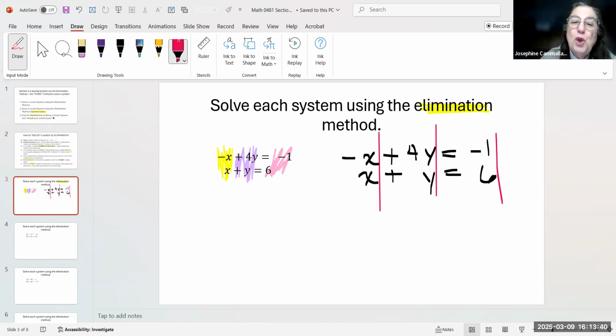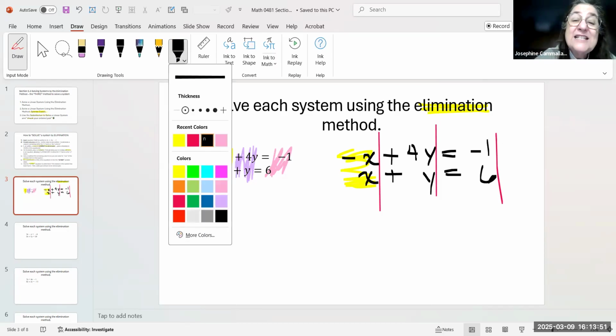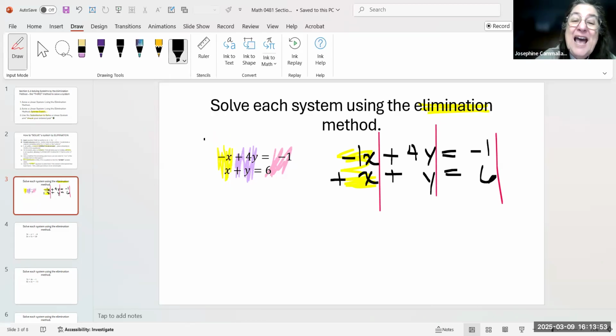Now, if you look at the yellow column, I have a -1x, and I have a positive 1x. Well, you're going to notice that if I add those columns just as they stand, they eliminate. They equal 0.